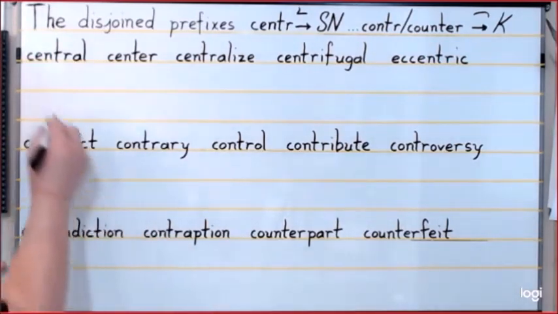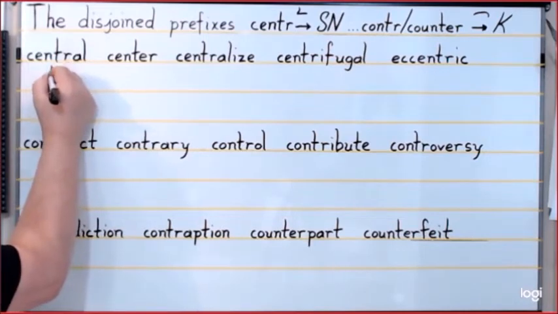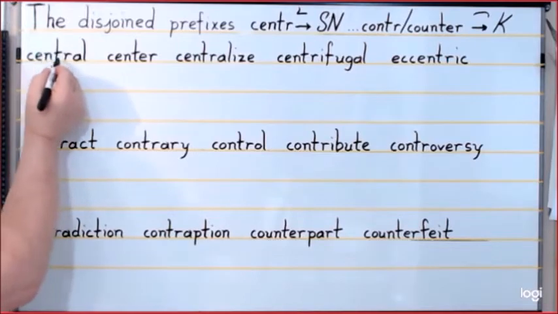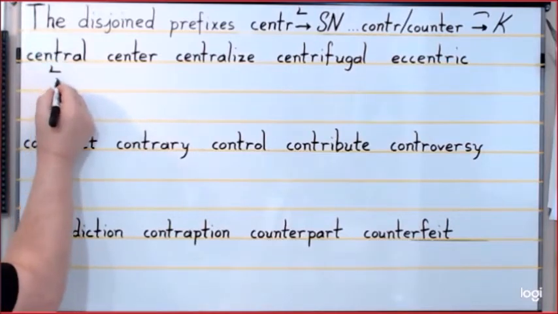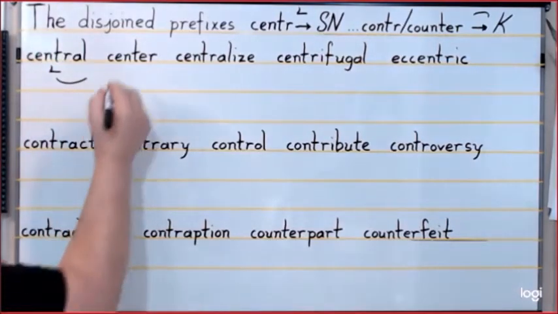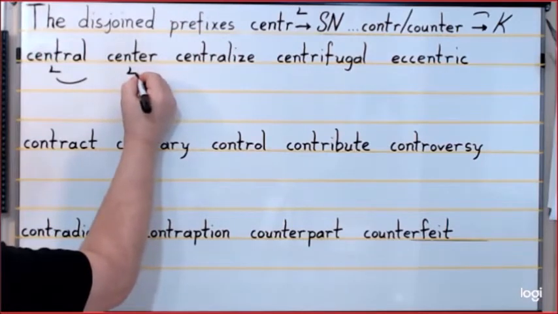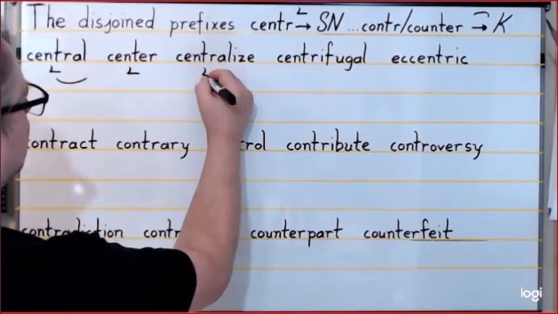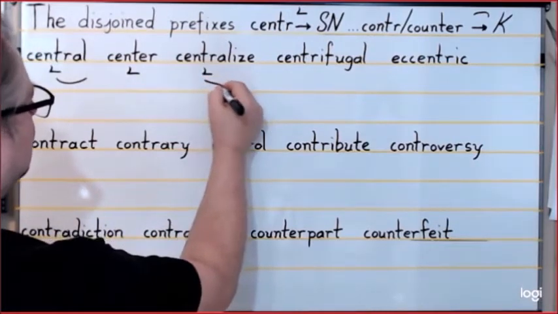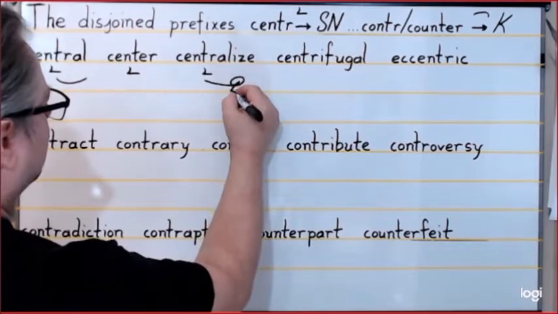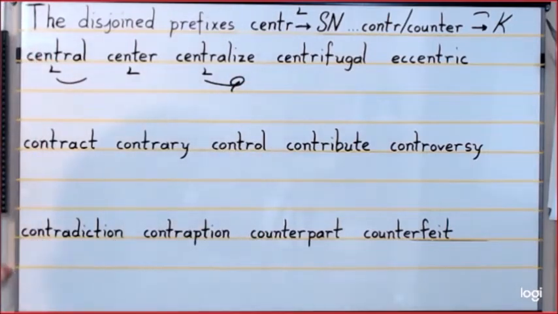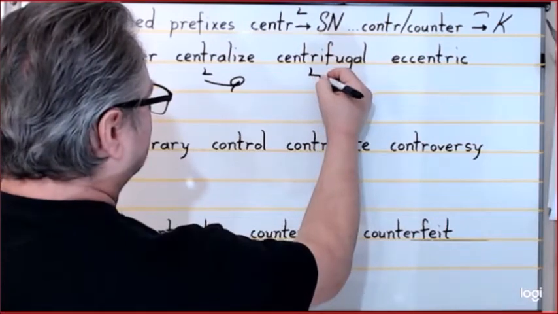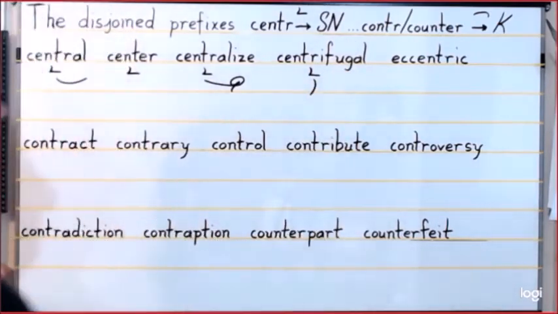For the word central, it is simply SN, standing for this SENTR, and then an L. For center, it is just simply S and N. Centralize is an S and N, an L, long I, S. Centrifugal is S, N, and F.